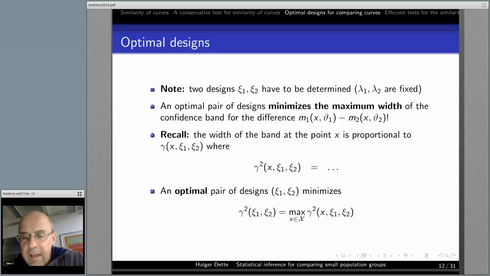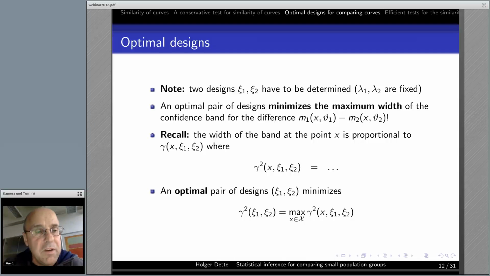And what we do now here is at each x we have this standard deviation. We square it. We take the worst case and minimize this standard deviation with respect to the choices of the two designs. This is an optimality criterion which has never been considered before in the literature. So I have no idea how I would call it, to be honest.